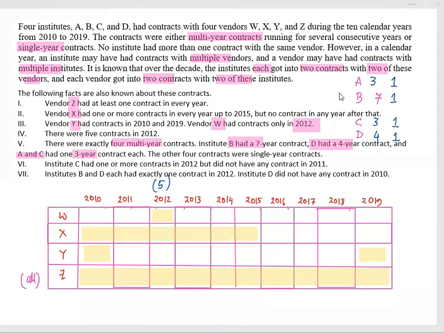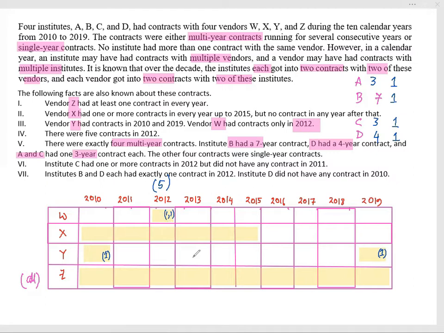In this case, as far as these contracts are concerned, we can find that there would be only 1 institute present because it is a single-year contract. This would also be 1 single-year contract, and here 2 single-year contracts.